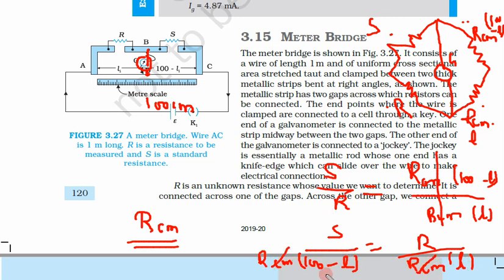So S upon 100 minus L is equal to R upon L. Similarly, we get the same thing: R is in the denominator of this, 100 minus L on this side. So S upon R is equal to 100 minus L upon L.